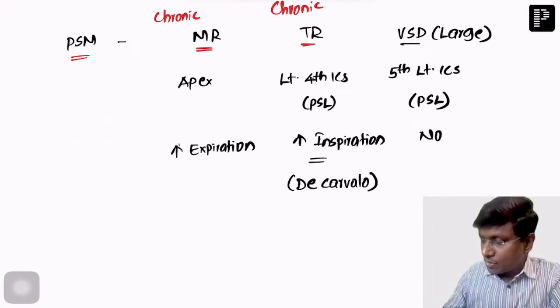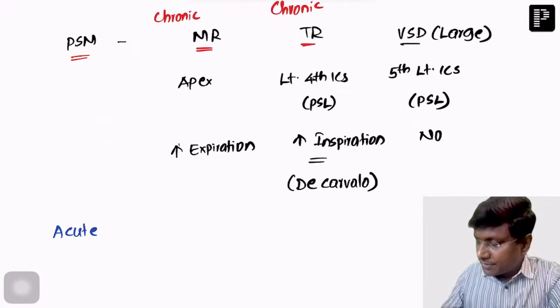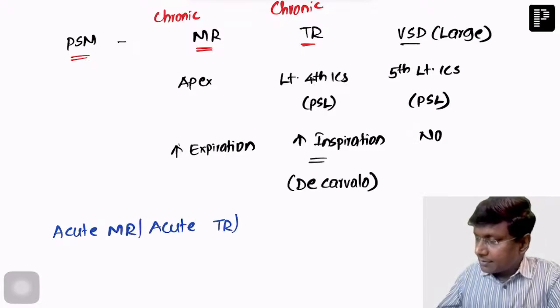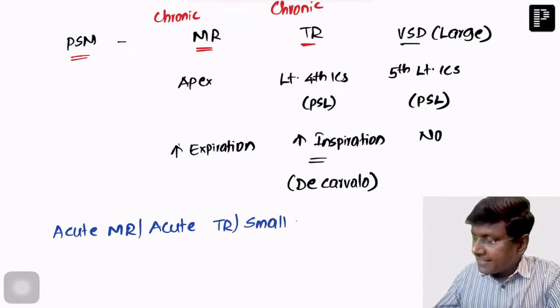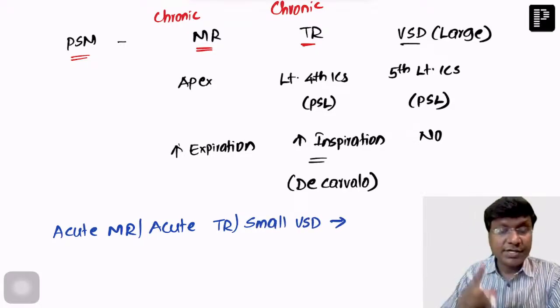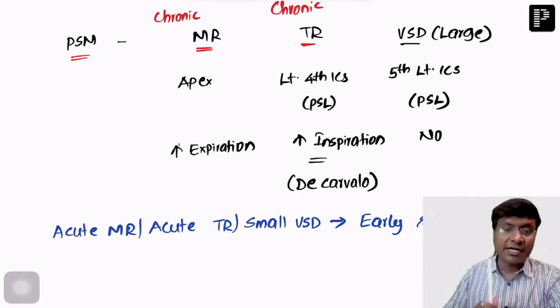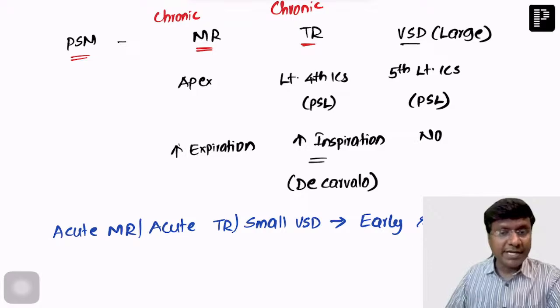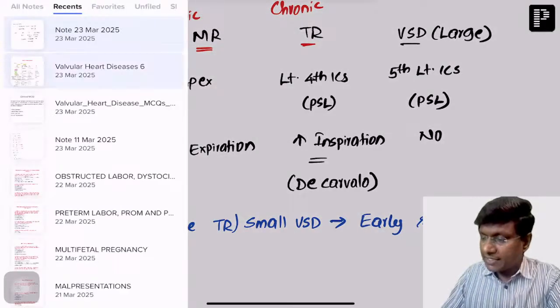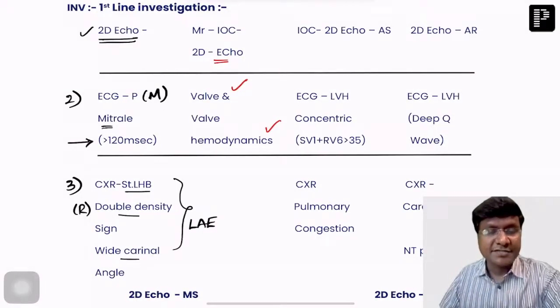Whereas in case of acute MR, acute TR, and small VSD, in all these patients, remember, it is an early systolic murmur. So in chronic MR, chronic TR, and large VSD, you will have a pansystolic murmur. Okay, so you should not get confused between early systolic murmur and pansystolic murmur in MR.